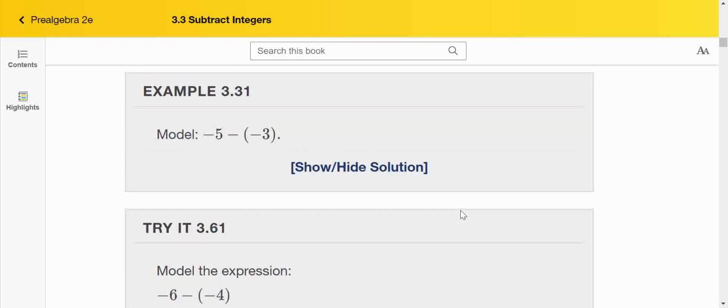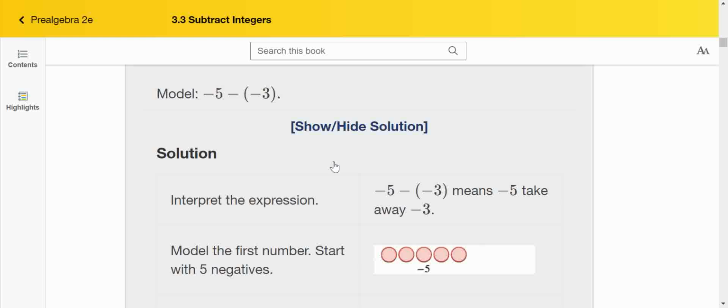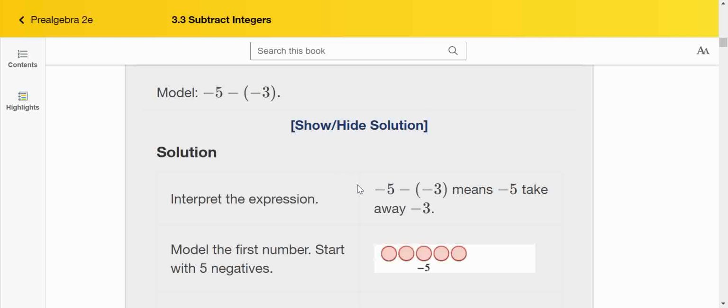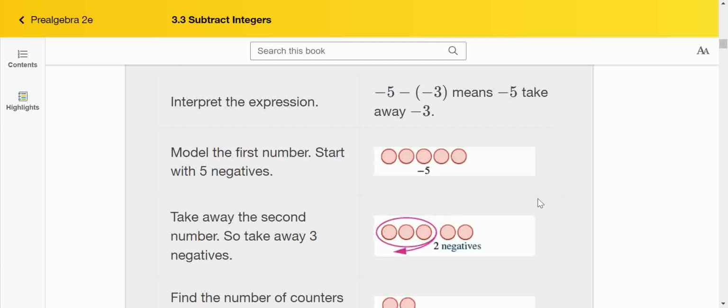And now we are at example 3.31, model negative 5 minus negative 3. So we'll interpret this expression as negative 5 minus negative 3 means negative 5 take away negative 3. Model the first number. Start with 5 negatives.